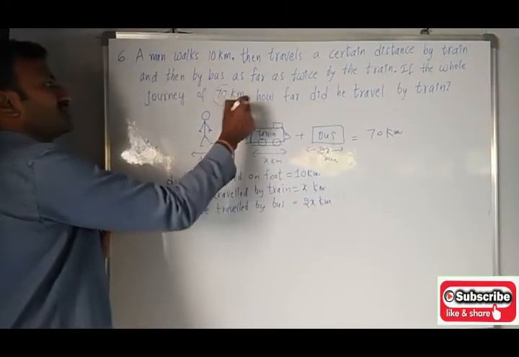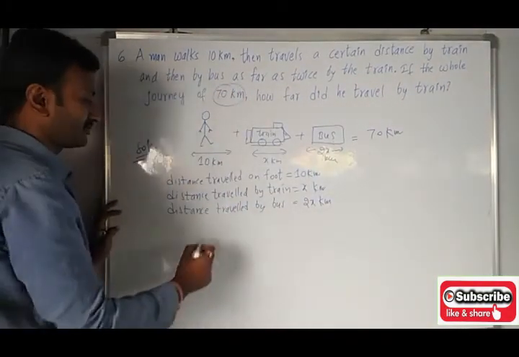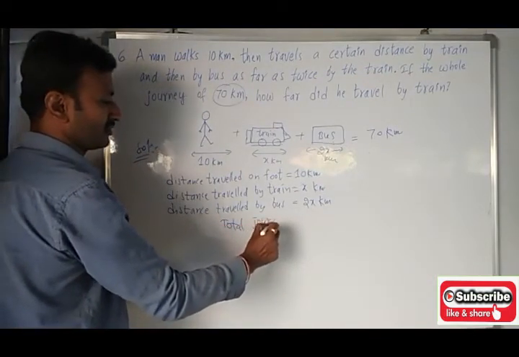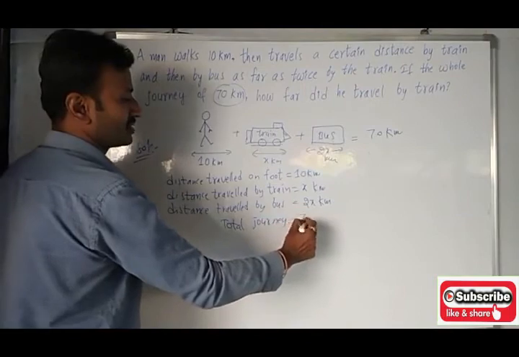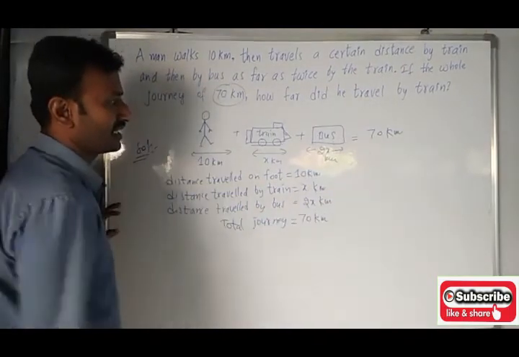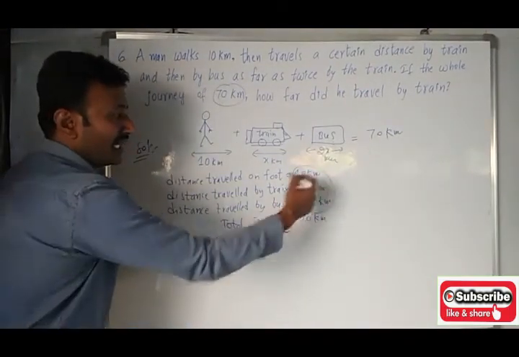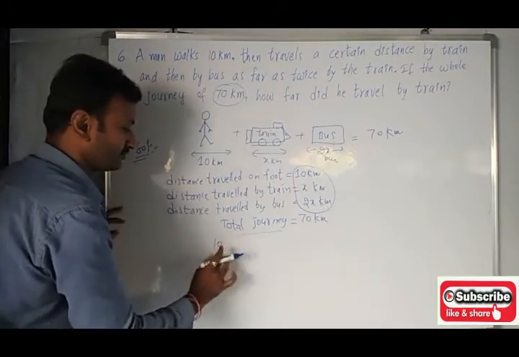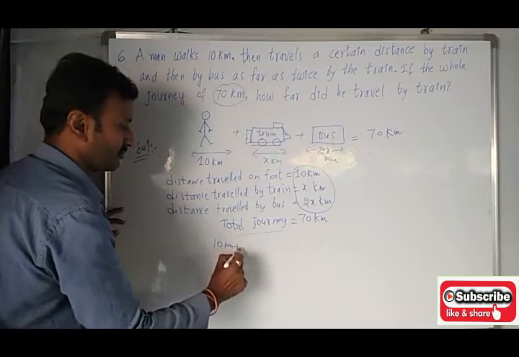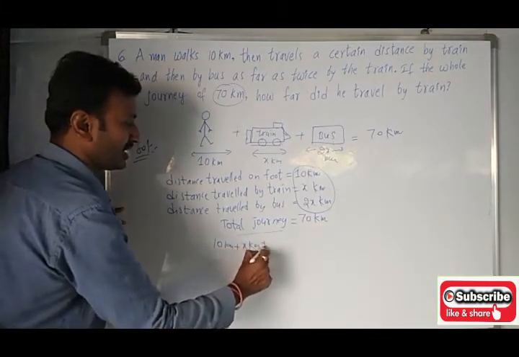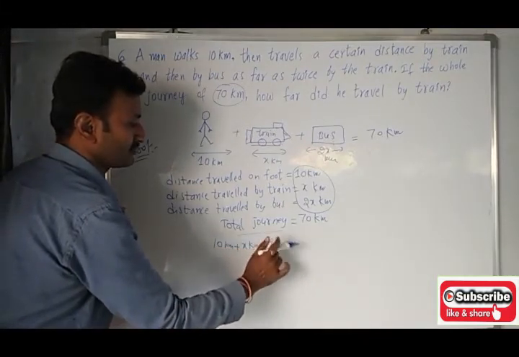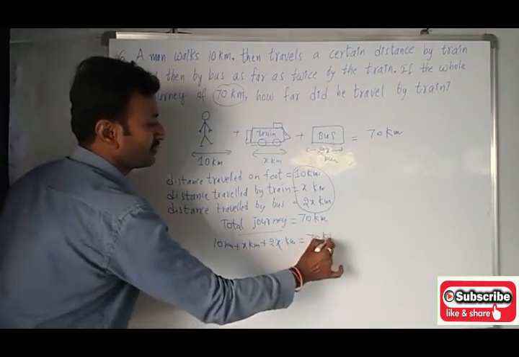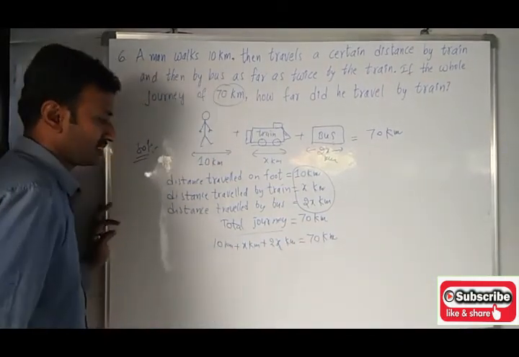According to him, what is the total journey? 70 kilometers. So total journey is equal to 70 kilometers. Total: add 10 kilometers plus x kilometers plus 2x kilometers is equal to 70 kilometers.